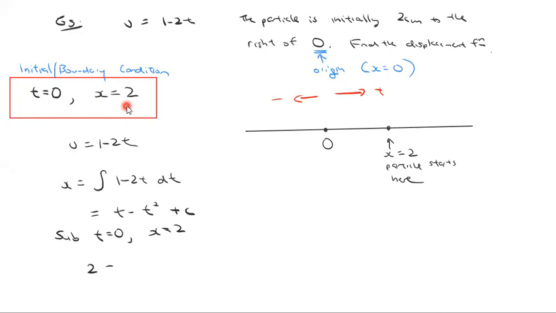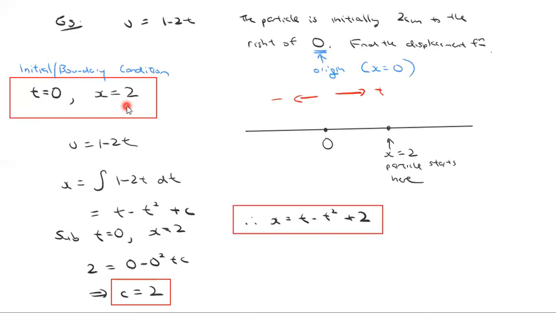In other words, we're saying 2 equals 0 minus 0 squared plus c, which means c is? 2. Exactly. For this particular question, we need c to equal 2 for it to make sense. And that means x is no longer just t minus t squared plus c, but it is specifically plus 2. And that will be your answer to this question.